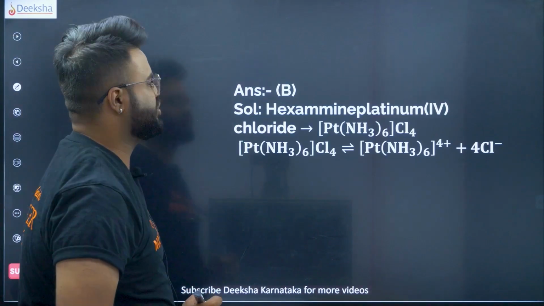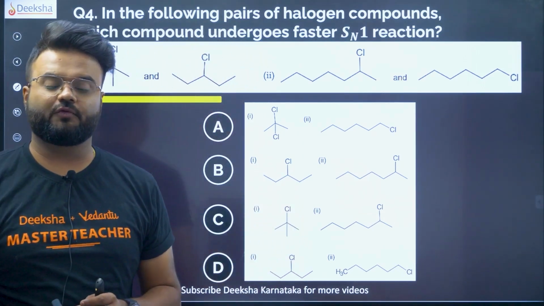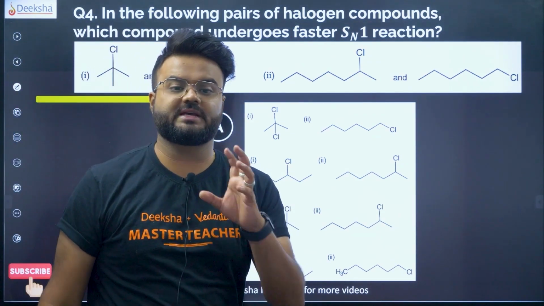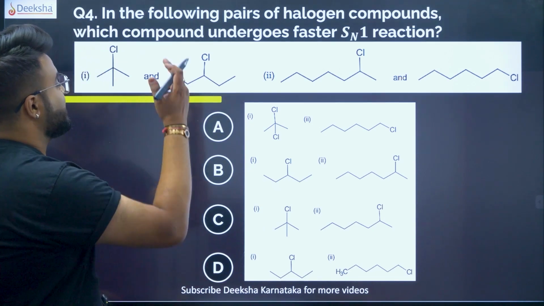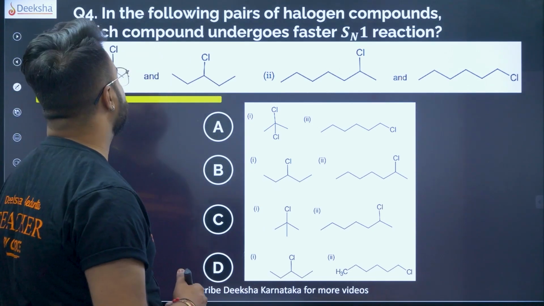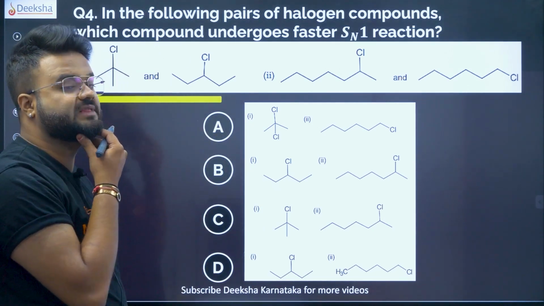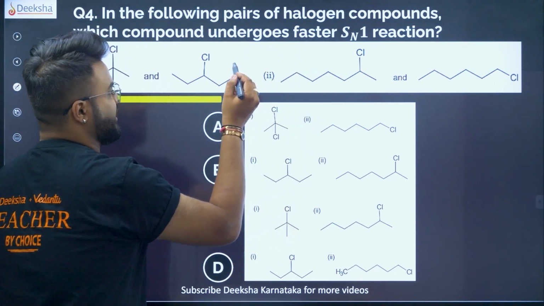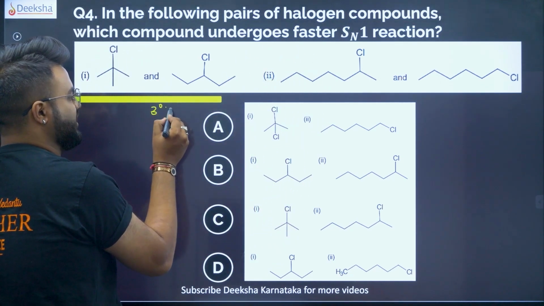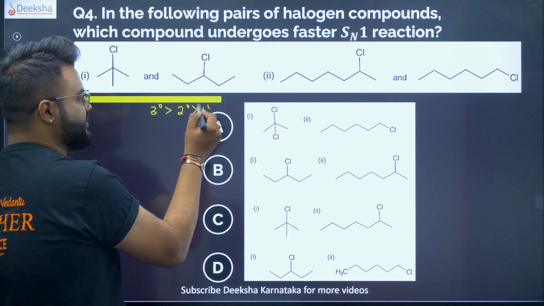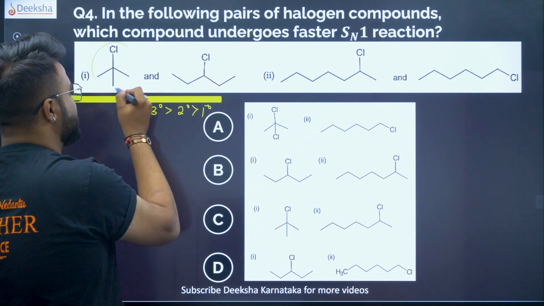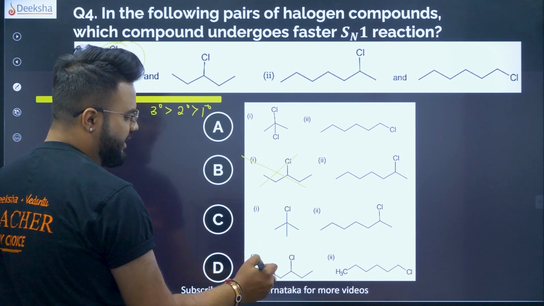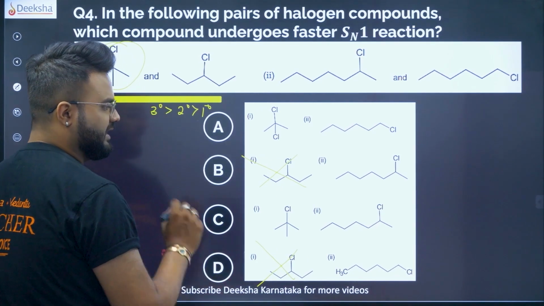Now coming back to question number 4. Question number 4 is about the SN1 reaction. In the following pairs of halogen compounds, which compound undergoes faster SN1 reaction? We know the order of reactivity for the SN1 reaction is tertiary, then secondary, then primary. Among these, which is tertiary, that is option 1. So option B and option D are cancelled.